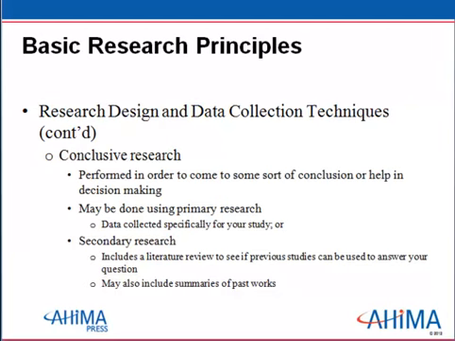Conclusive research is performed in order to reach some type of conclusion or to help make a decision. This type of research may be done using primary research, and that is data collected specifically for your study, or secondary research, and that is a literature review to see if previous studies can be used to answer your question.